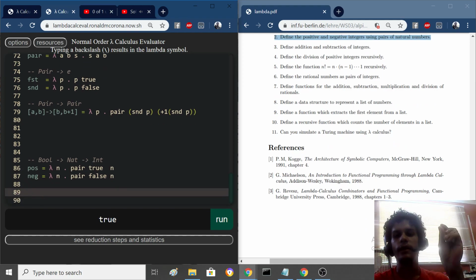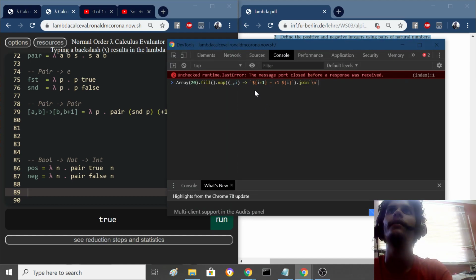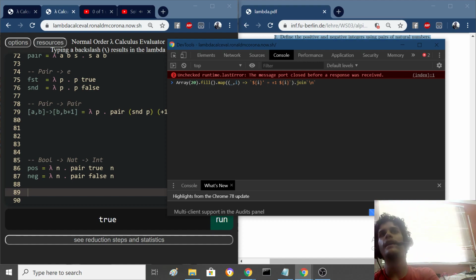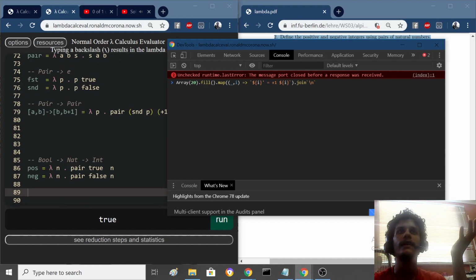So I'll do that using JavaScript again. So this is how we'll do it. Alright, so this time it's going to be a number, and it's going to have a tick mark after it, and that will indicate that it's an integer because we already have numbers defined, so we're going to have to define the integers just slightly differently.